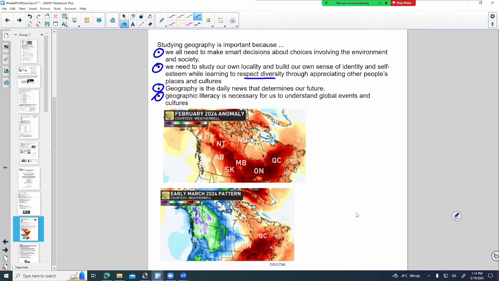So look at this year, just look at our weather. It says February 2024, and it's an anomaly, meaning it's not the usual kind of weather that we get during the winter. So the red shows you the temperatures were in the high range.